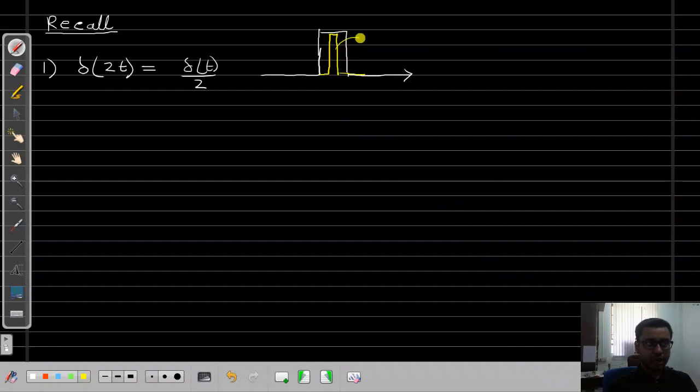So the area of delta 2t is half of the original area of delta t. That's why we can write this.